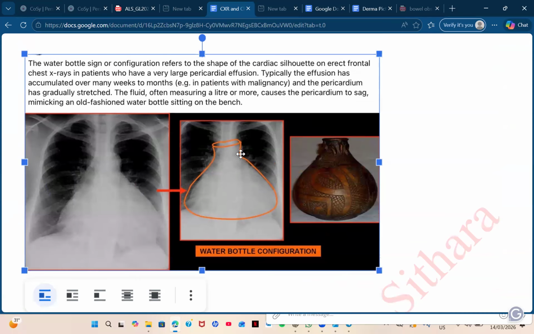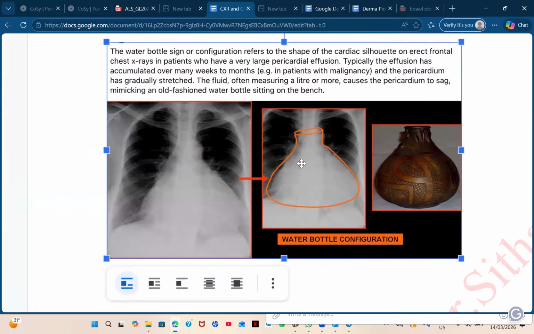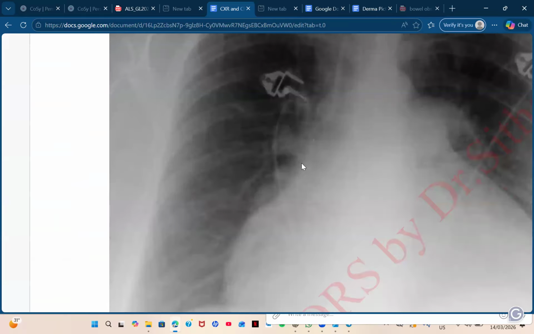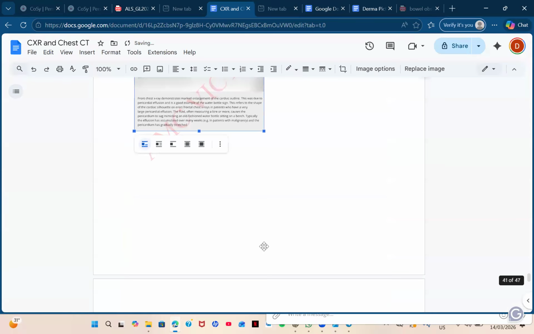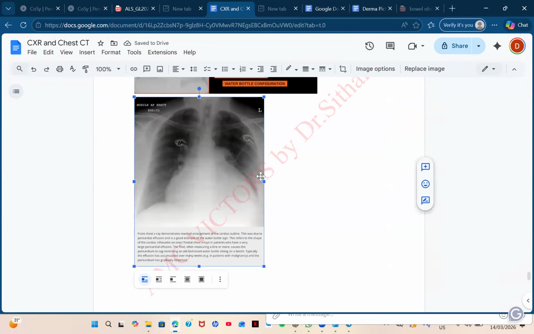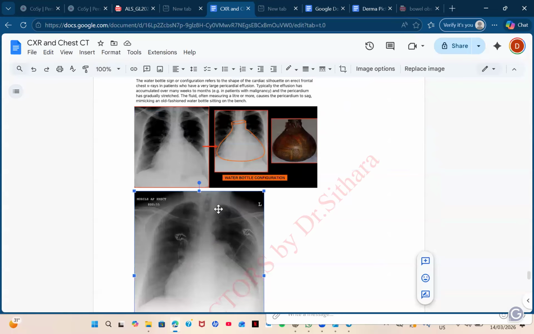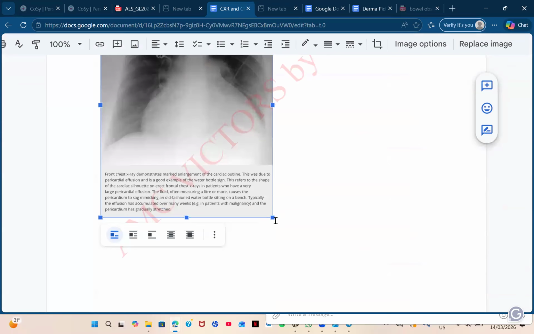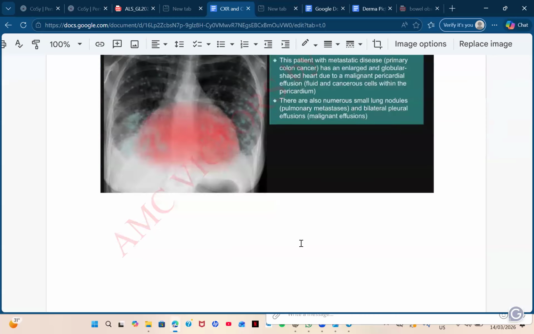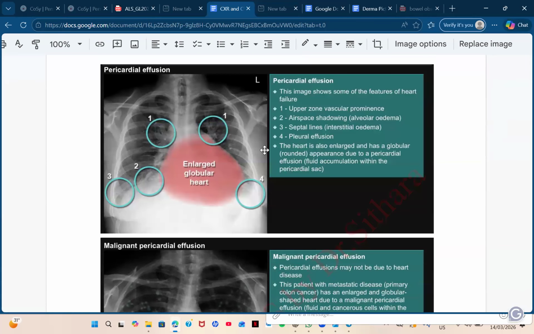Here you can see this pericardial effusion, right? Here also you can see this bottle appearance, this kind of bottle. Then here also an enlarged globular heart, pericardial effusion.